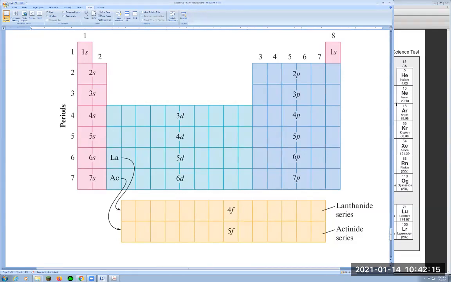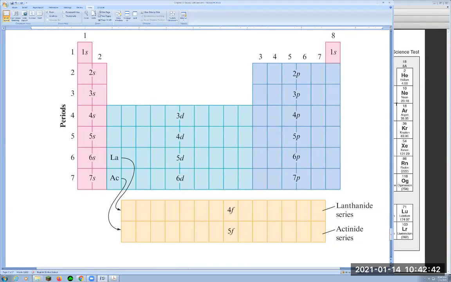Then when we were in the third shell, we fill the 3s, then the 3p, and then after we have filled the 3p, we have to start filling the 4s, because we fill in order of energy, and the 4s orbital is lower in energy than the 3d orbital, because the shells overlap.